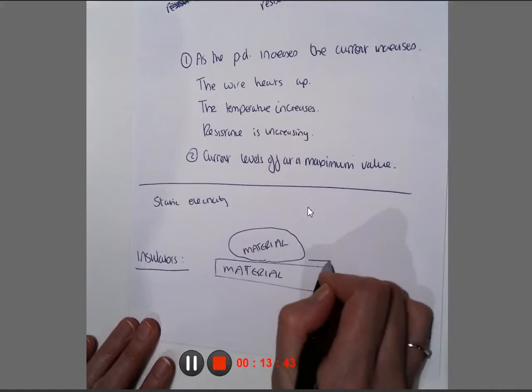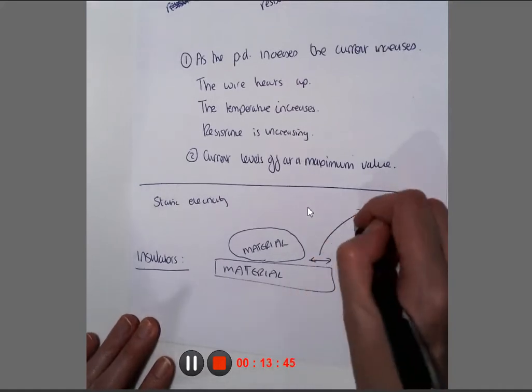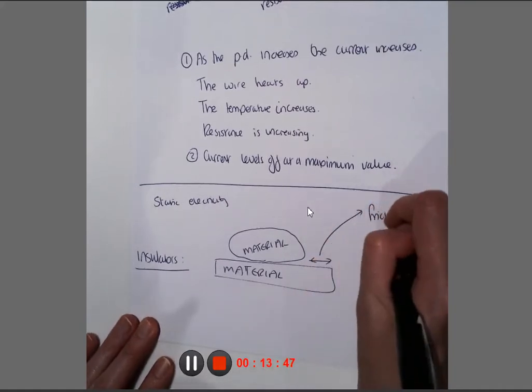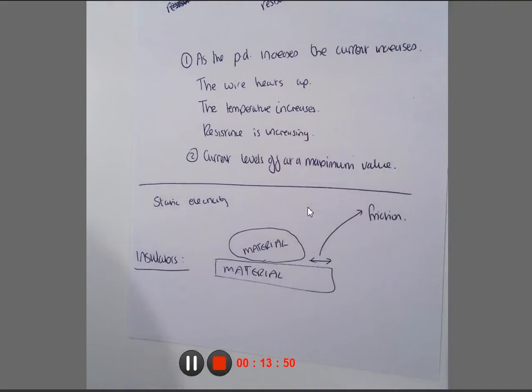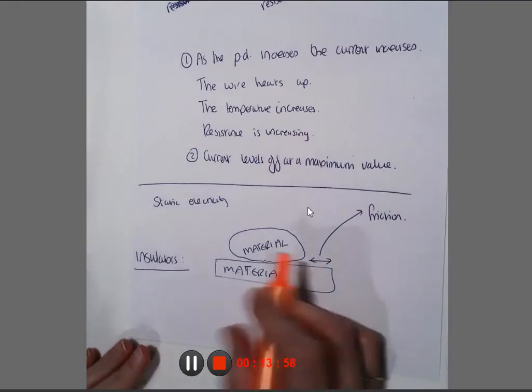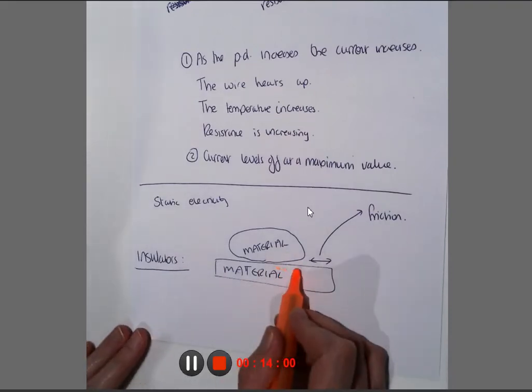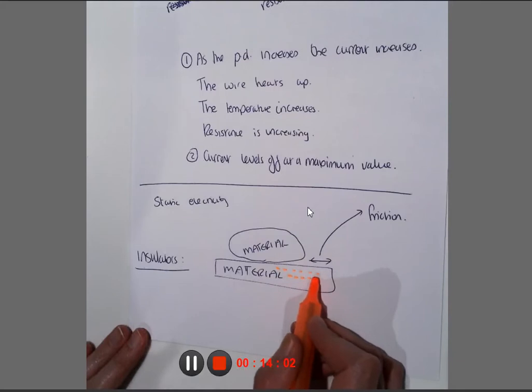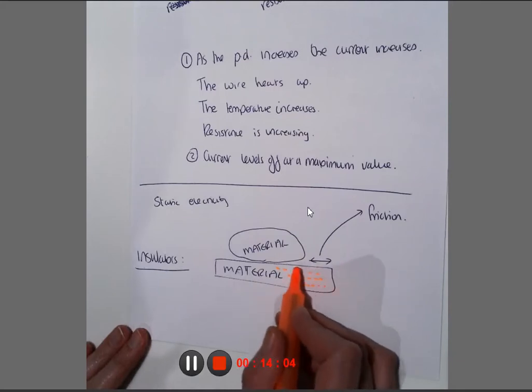And you rub them together backwards and forwards. So remember, the force we're going to use is friction. You need to remember what transfers. Now, the particle which transfers from one material to the other is electrons. So when you rub these two together, the friction causes electrons to move from one material to the other.